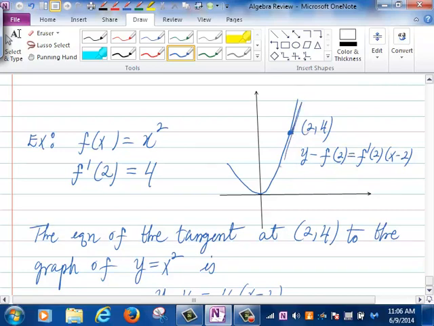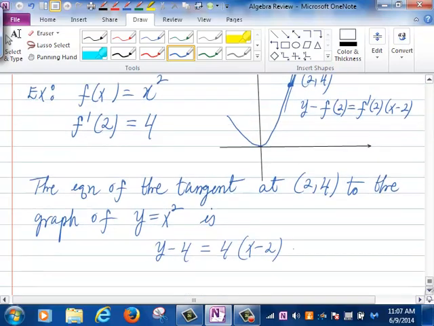The equation of the tangent at the point 2 for the function f is y minus f of 2 equals f prime of 2 times x minus 2. In our case, f is the parabola x squared, so we know that f prime of 2 is 4, and f of 2 is 4 as well. Is that okay? Is that making sense?